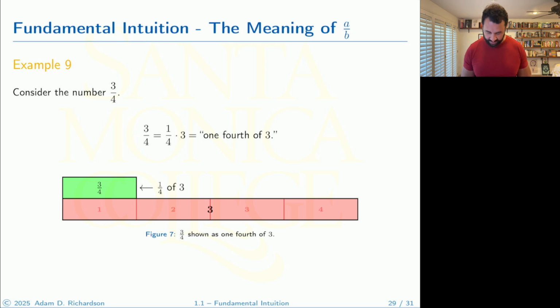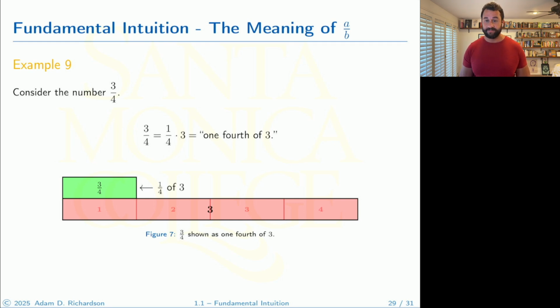Oh wait, sorry, my bad. This is 3. I didn't picture the unit on this one. So this whole thing is 3. Cut it into four equal sized pieces. One, two, three. So you get one piece, two pieces, three pieces, four pieces, all the same size. Now take one of those, because that would be 1/4 of 3. And this is what you get, 1/4 of 3.